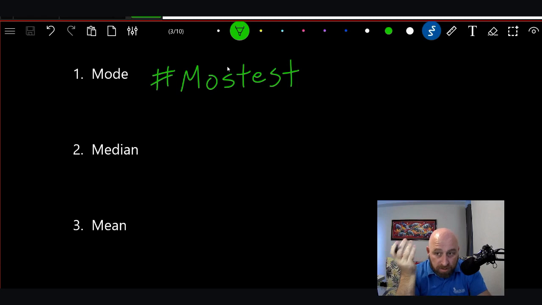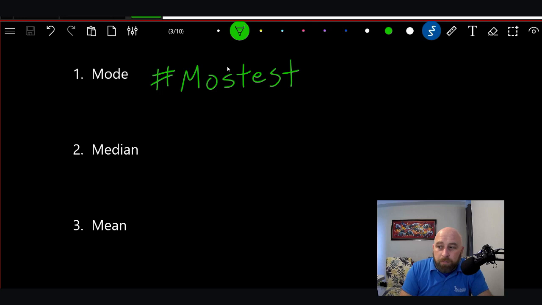the mostest. Now, if we have a group of numbers, any number that occurs multiple times would be part of the mode. But we don't want any that just repeat more. We only want the ones that repeat the most. All right, so let's say that one repeats 4 times and one repeats 3 times. Well, the one that repeats 4 times is the mode.